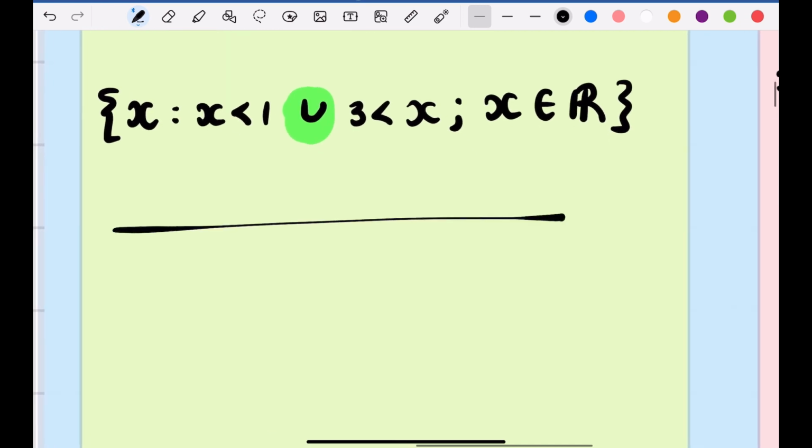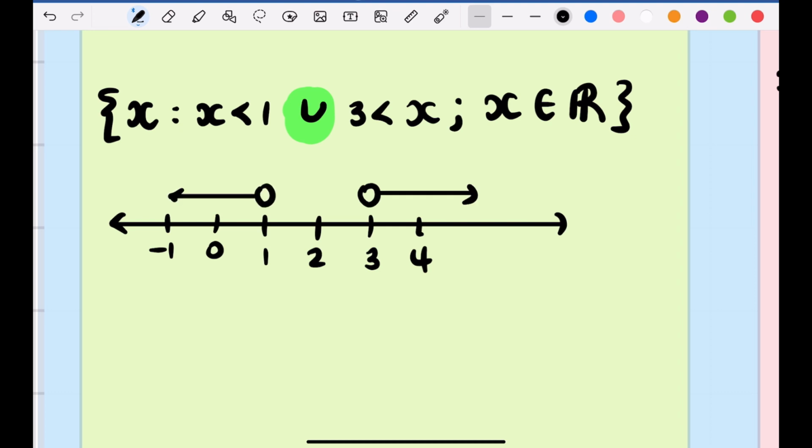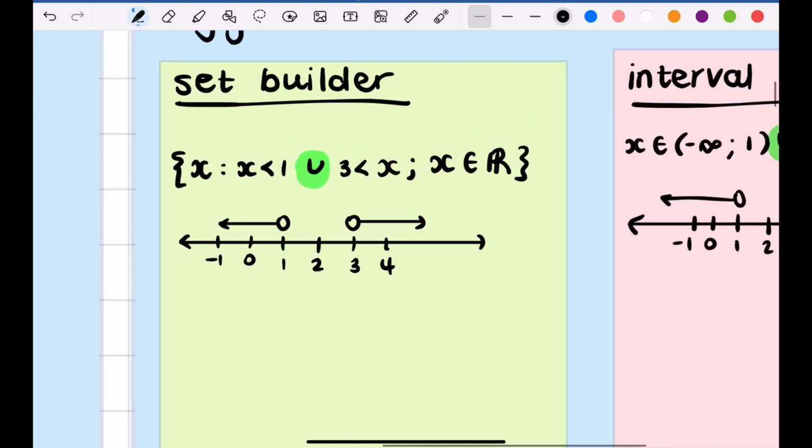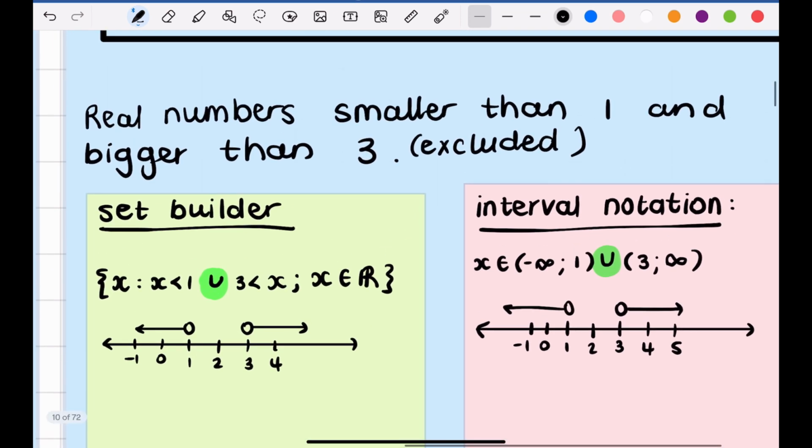If you draw your number line, you draw -1, 0, 1, 2, 3, 4. So from 3, it's excluding. It's going to go up, and from 1 it's excluding as well, and x is smaller than 1. So that is what we call a split interval, and here you see it side by side for set builder notation and interval notation.